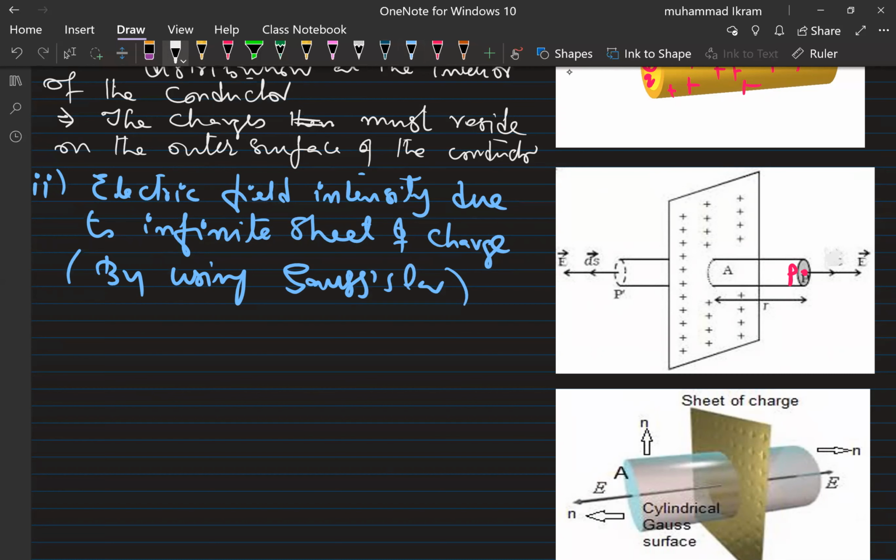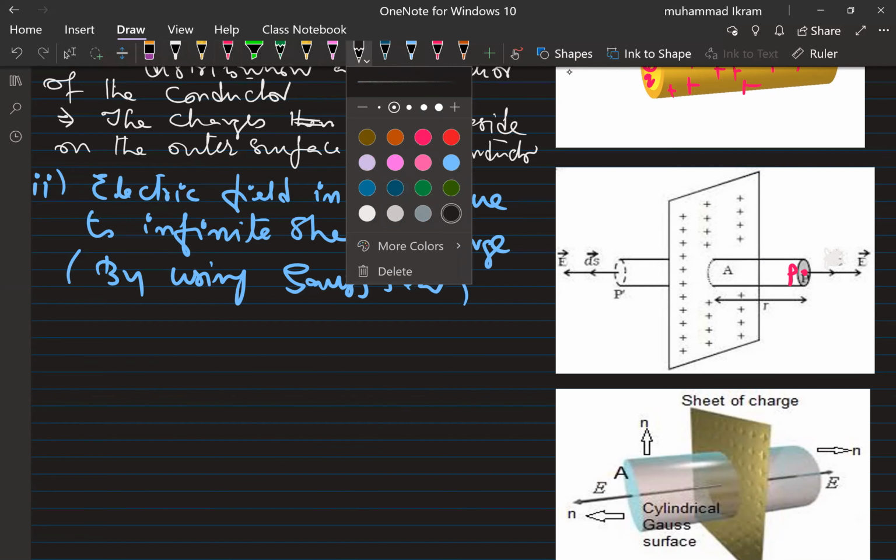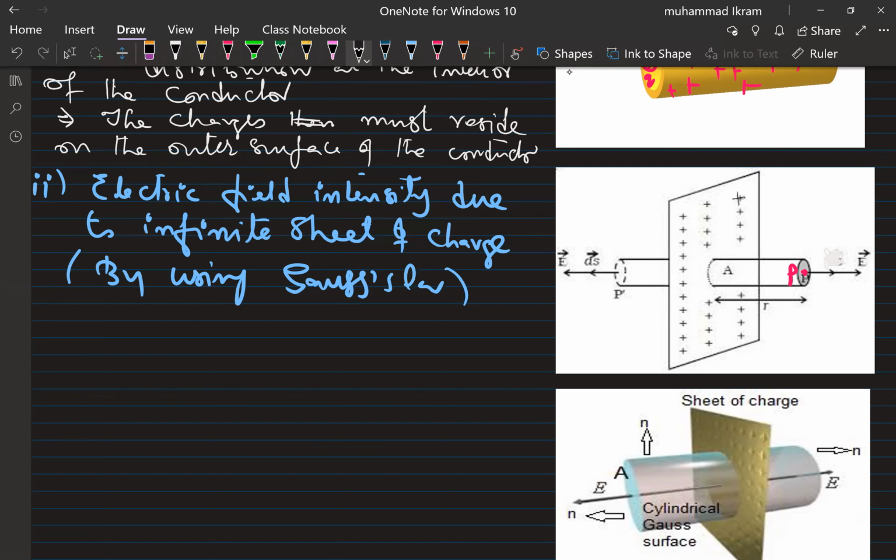I want to calculate the electric field intensity at this point P, because of this infinite sheet of charge. As you see, there is charge distribution.